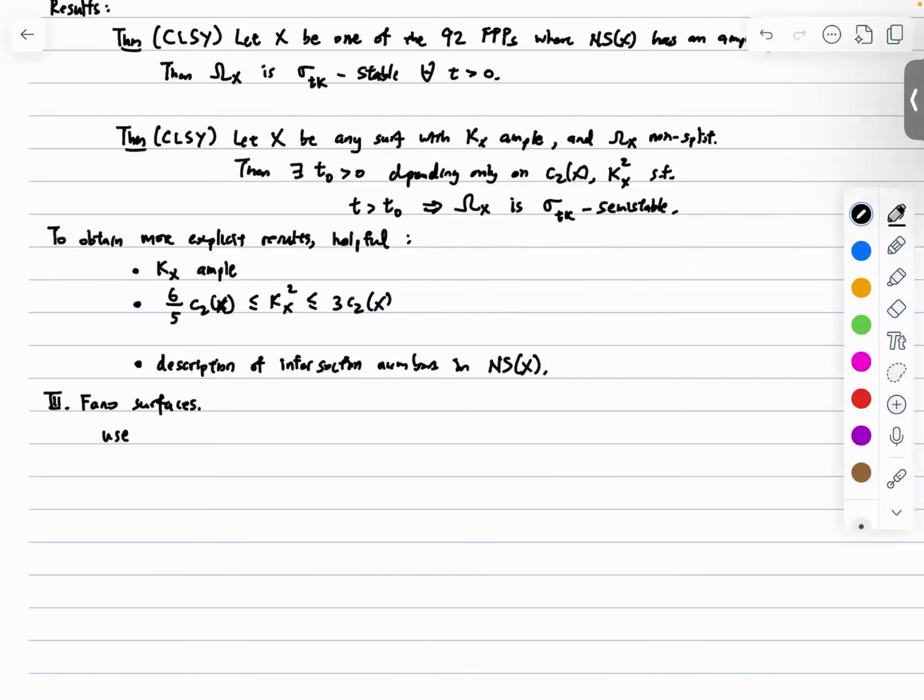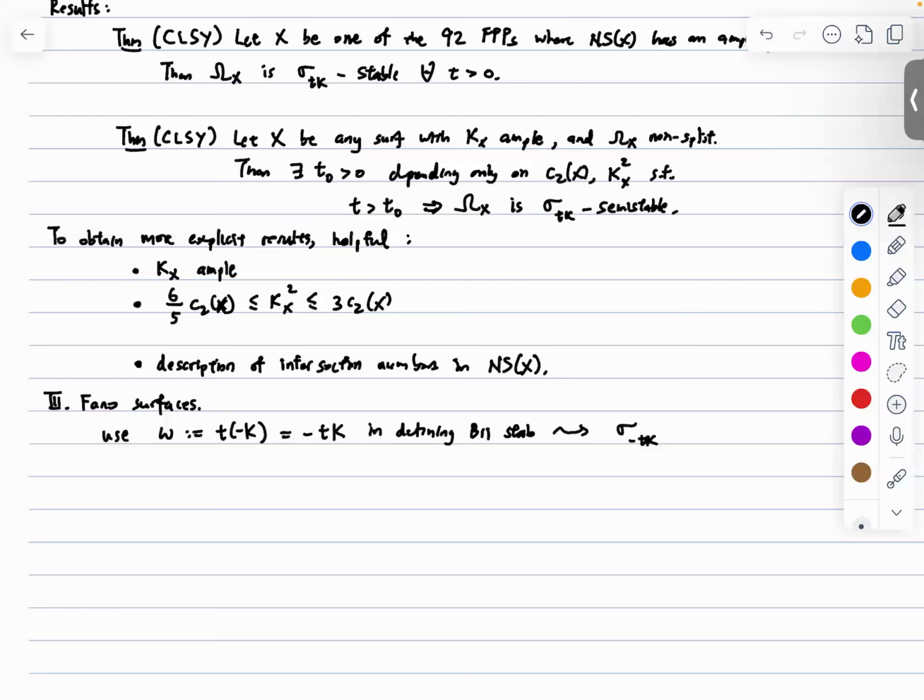So we use omega, which is T times the anti-canonical class, so I'll write it as minus TK. We use this ample class in defining Bridgeland stability conditions. So we often write the Bridgeland stabilities we use as sigma sub minus TK.